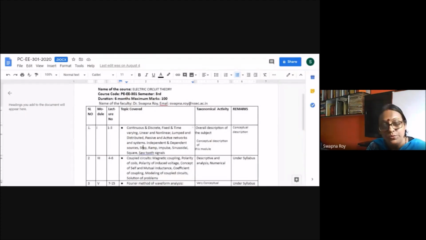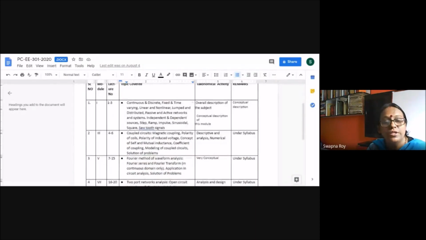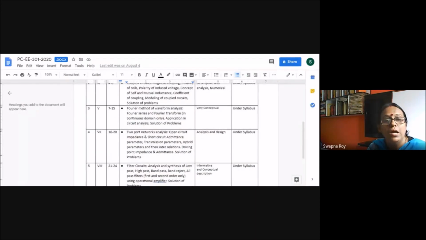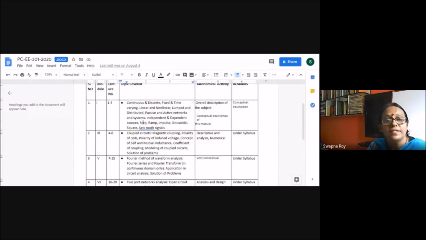In module 2, Shubhasri Kaur ma'am will teach you. In module 3, I will teach module 1, module 3, module 5, and module 6 and 8. Next, I will start coupled circuit. In the coupled circuit, we have magnetic coupling, polarity of coils.